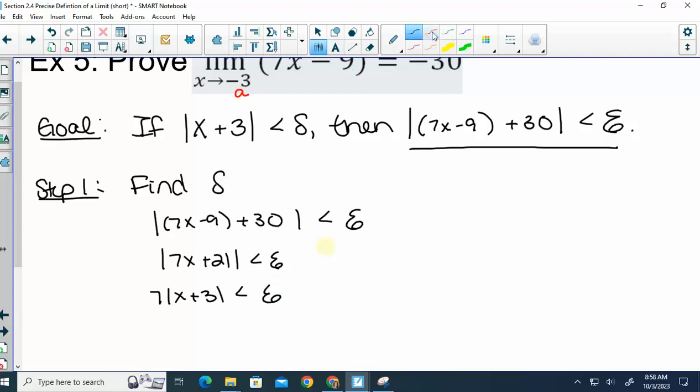Okay, we are trying to make the inside of the absolute value be the x plus 3, and we've got that. So now we just need to divide by 7, so we have the absolute value of x plus 3 is less than epsilon over 7. So delta will be the epsilon over 7.